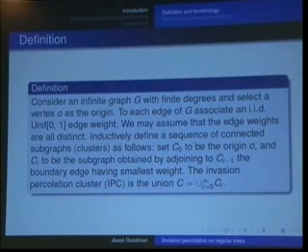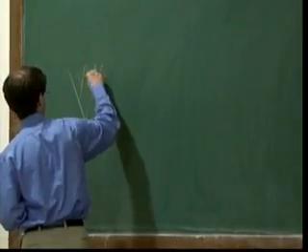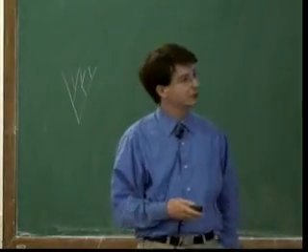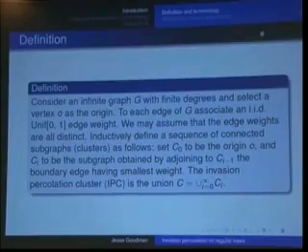Okay, so first of all, the definition. What I'm going to do is look at an infinite graph, let's say with finite degrees, and select some sort of origin. I'm going to primarily be concerned with the regular tree case. And I'm going to assign each edge some sort of uniform weight.